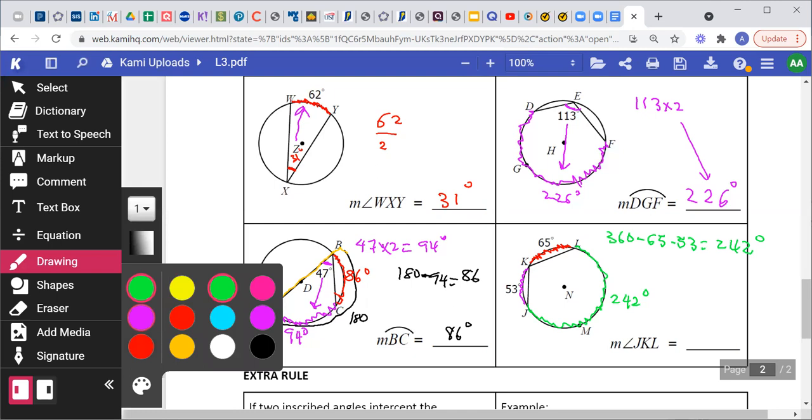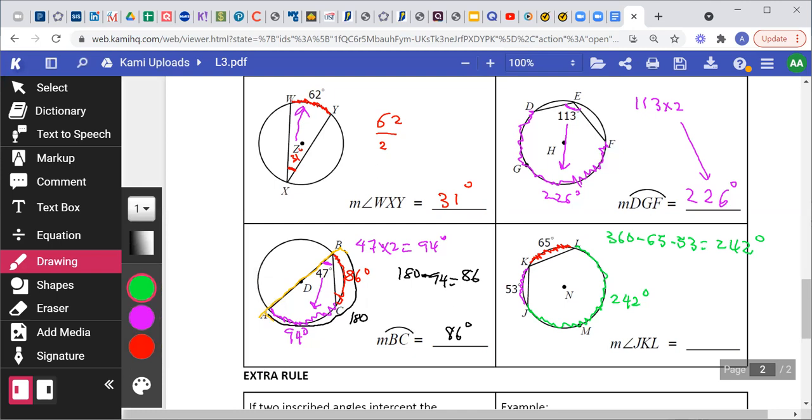The angle JKL is nothing but this angle from J to K and L, this angle here. And this angle here is an inscribed angle, and the intersected arc is 242, and we know an inscribed angle is always half of the intersected arc.